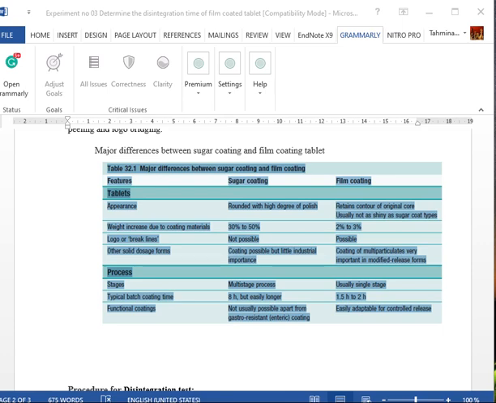Functional coating: in sugar coating, it is not usually possible apart from gastro-resistant coating, as we have learned in our previous experiment. But film coating, as regards functional coating, is easily adaptable for controlled release.